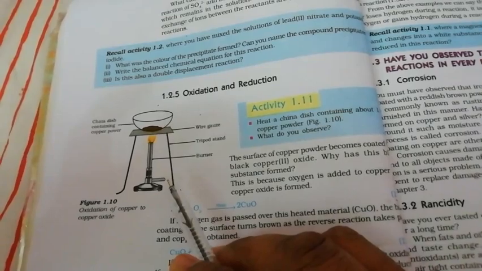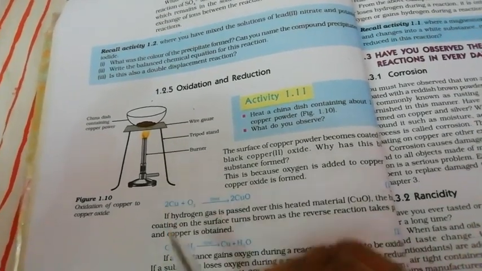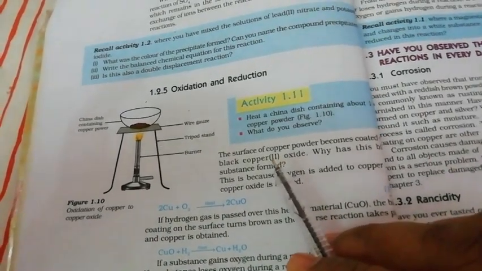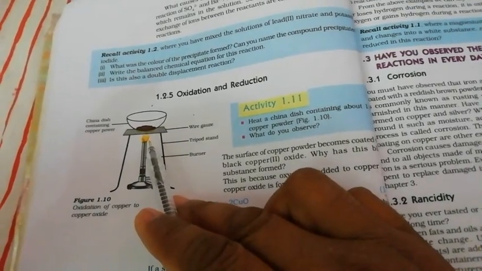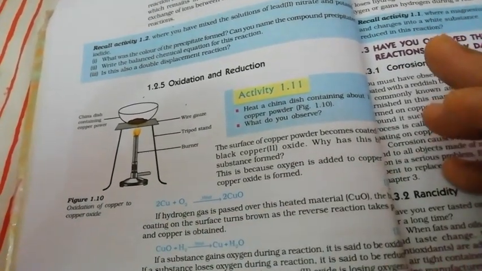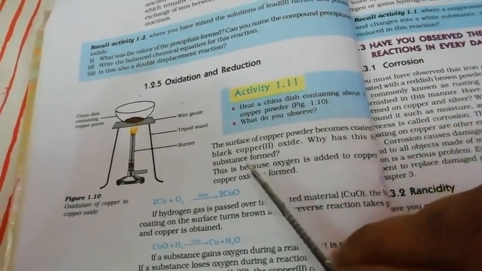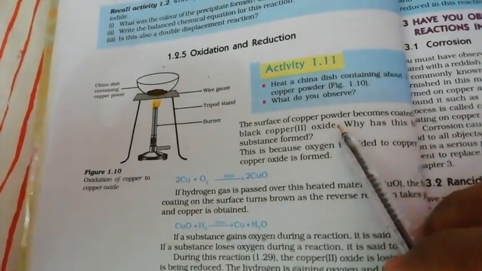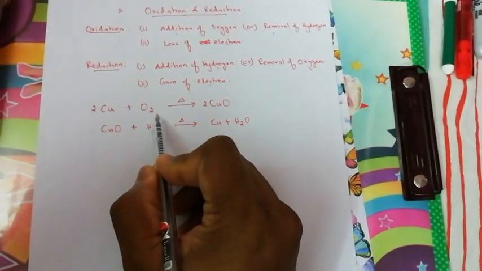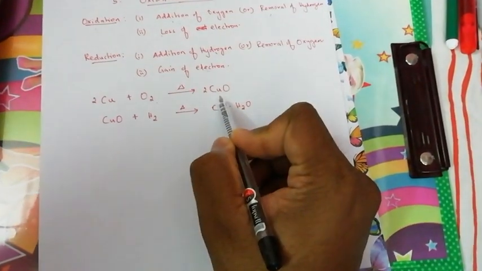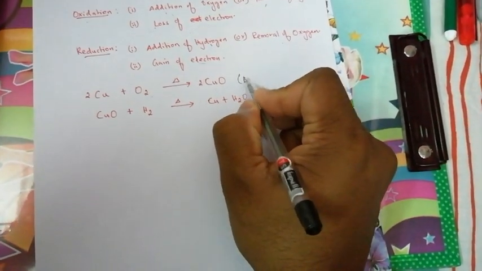And you know what happens after copper is heated? You can see after copper is heated, it turned into a black color substance. This black color is nothing but copper oxide. Check this. When copper is heated, it turned into copper oxide, and this becomes black in color.